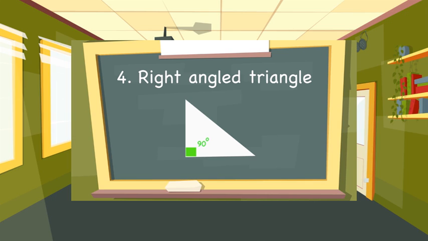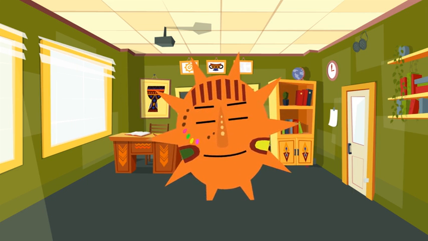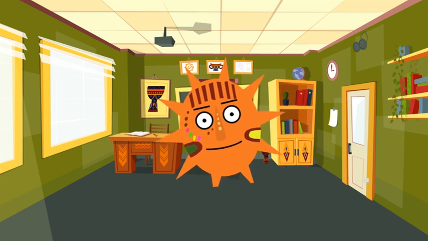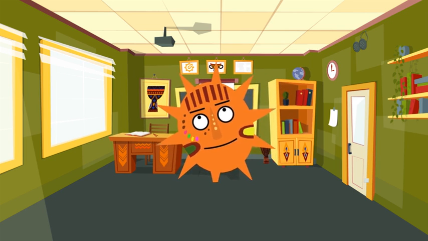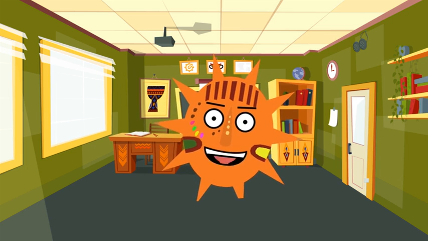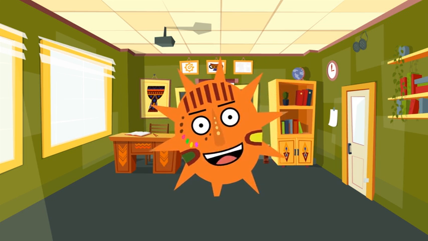So these are the triangles that we have in mathematics. Later in the term, we're going to be calculating the area of a triangle, and you may want to know the formula that we use.